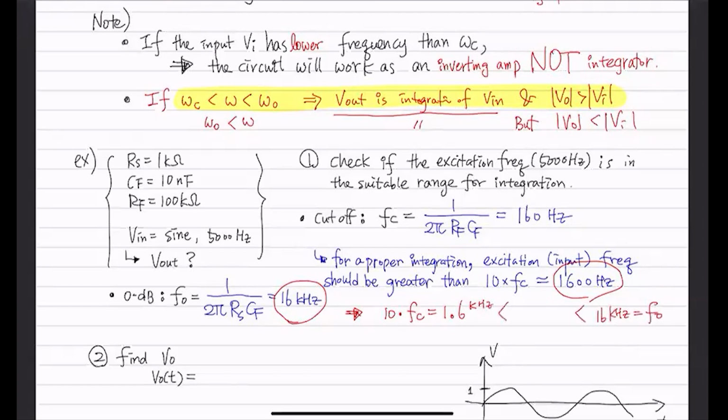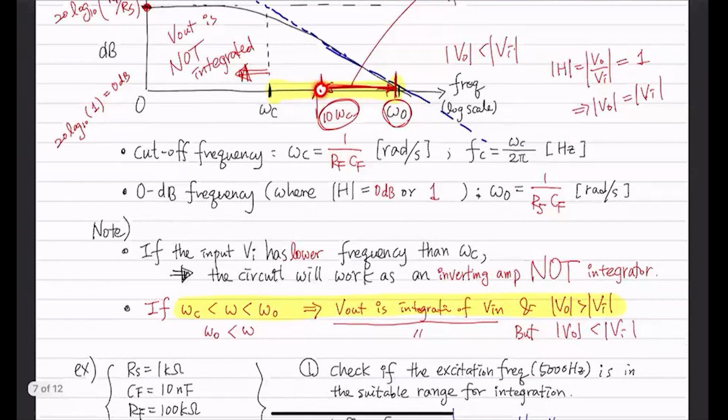And 16 kilohertz is our F naught. That's the range we want to use, and our 5K just fell between those two, right? So between 1.6 and 16 is the suitable range. It's here. This is 1.6 and this is 16, and 5K just happened to fit between those two.